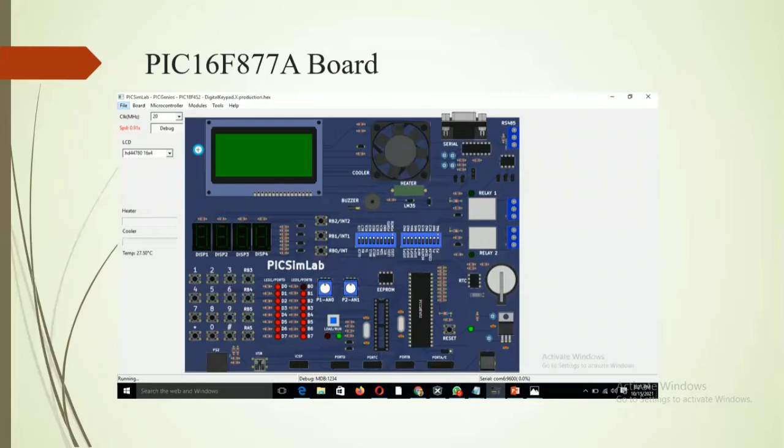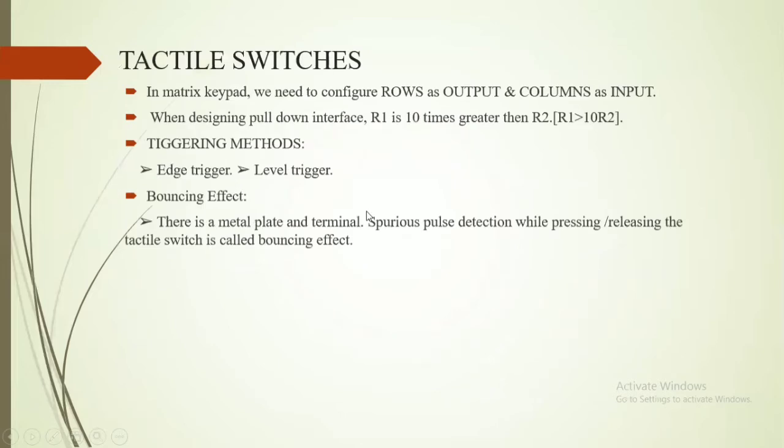Then we have tactile switches. In the matrix keypad, we need to configure rows as outputs and columns as inputs. When designing the pull-down interface, we have to design it in such a way that R1 is 10 times greater than R2.